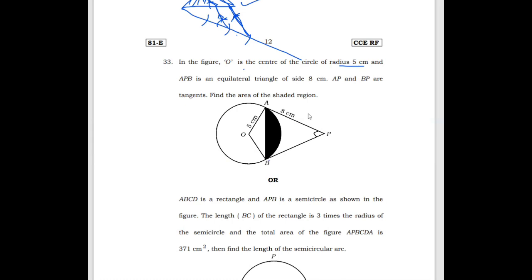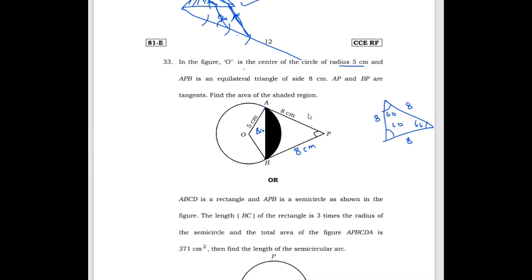So if this is 8, this also will be 8, and this entire length from A to B will also be 8. All the sides are 8, 8 and 8, and all the angles will be 60, 60, 60. Okay, so this one is done.